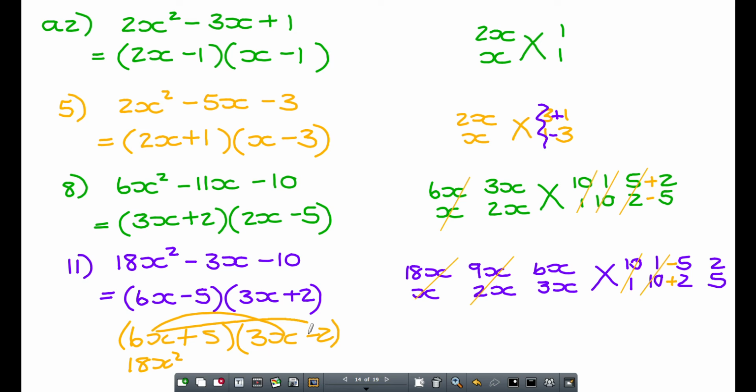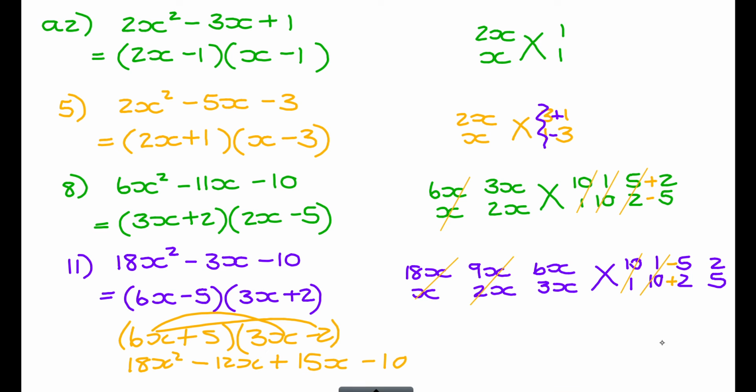Okay, 6x times the minus 2 gave me minus 12x. Then these middle two, the 5 times the 3x, gave me a positive 15x. And then 5 times minus 2 gave me minus 10. But the thing is, these two middle ones, if I take minus 12 plus 15, you're going to get positive 3x, right? And have a look what we should get. Negative 3x. Okay.